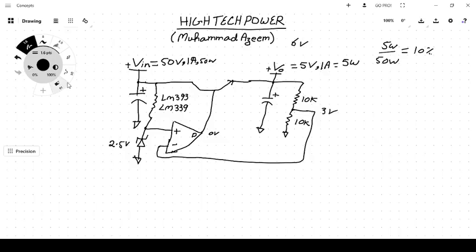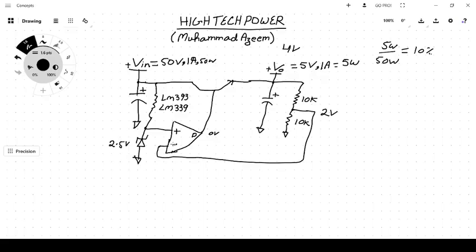So let's see the scenario that now, here the voltage is 4 volt, then the drop across the middle point of the resistor would be 2 volt.